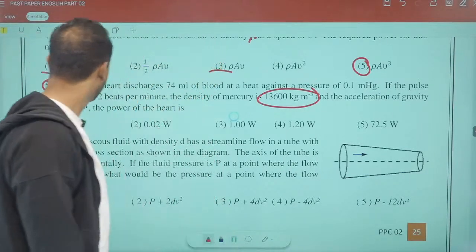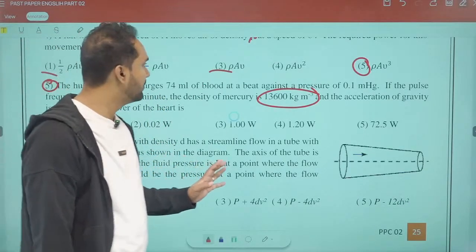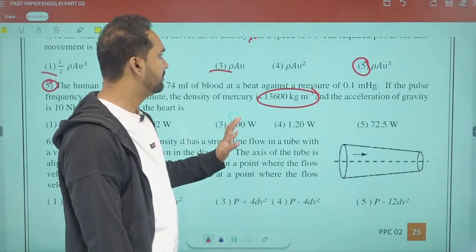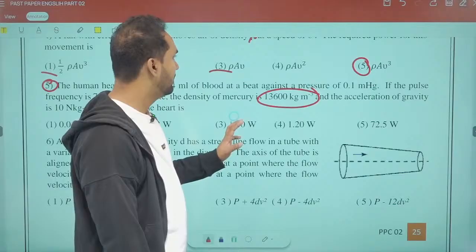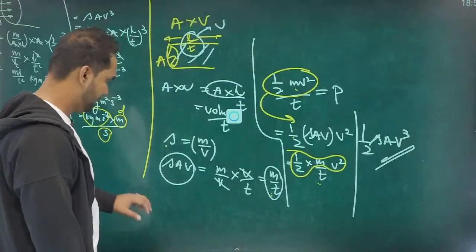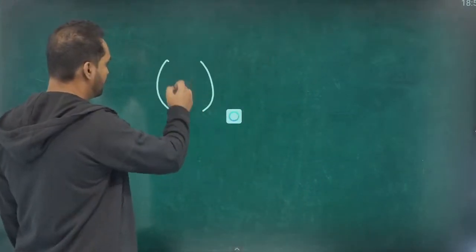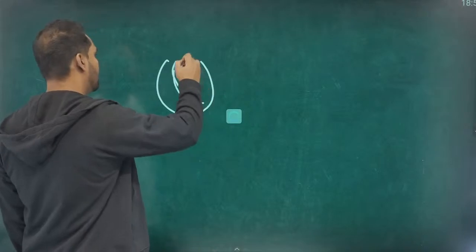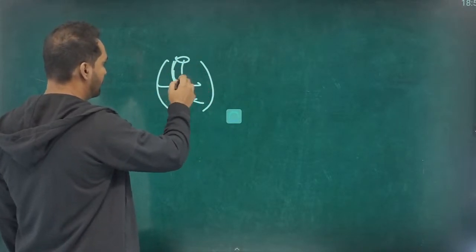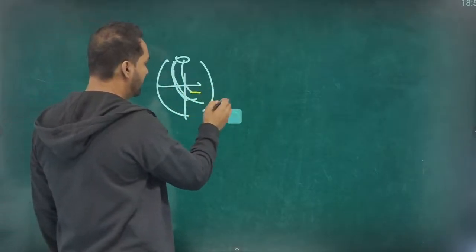So how many beats? Let's do this. Human heart discharges 74 milliliters of blood at a beat against the pressure of 0.1 meter Hg. So this is your heart, and it's pumping the blood through, say, the aorta, and per beat it is pumping.